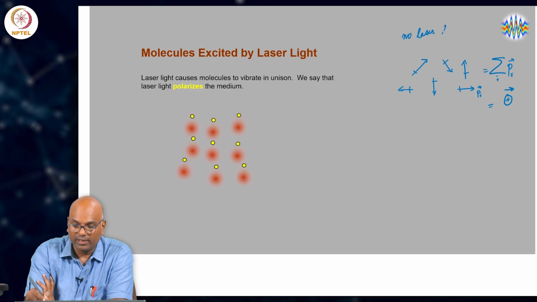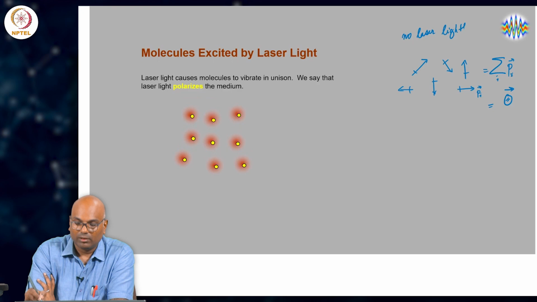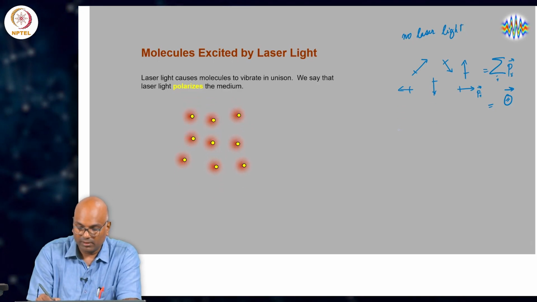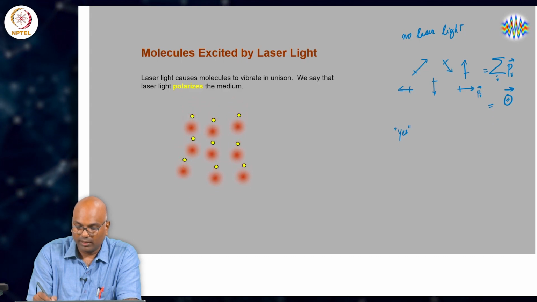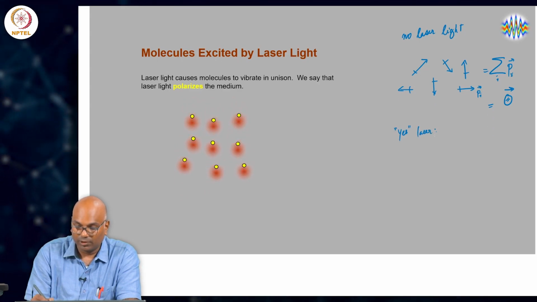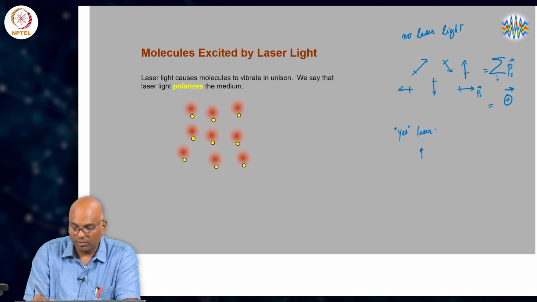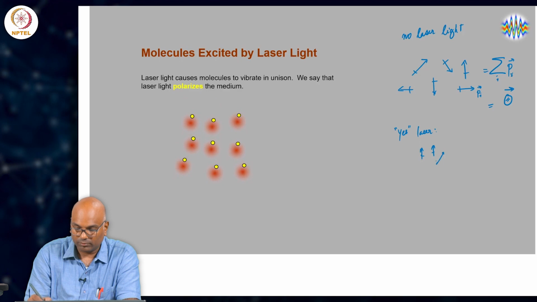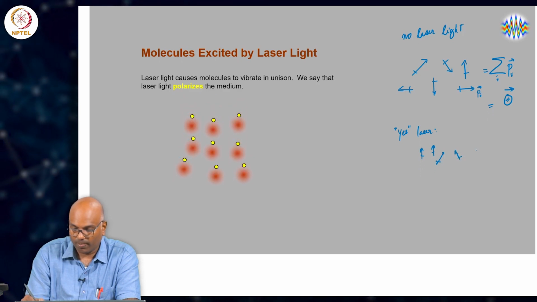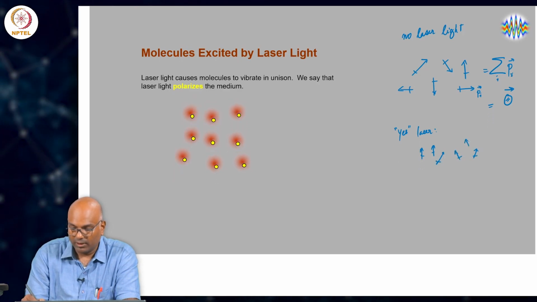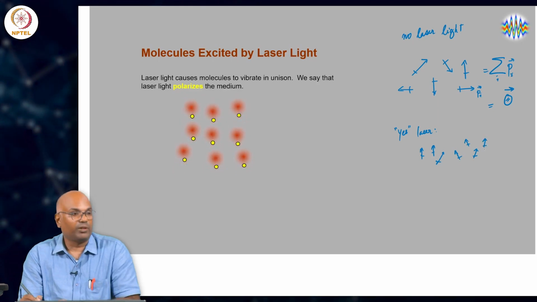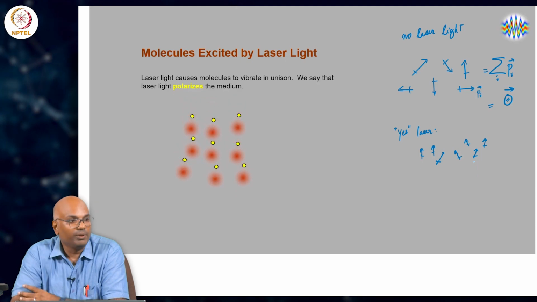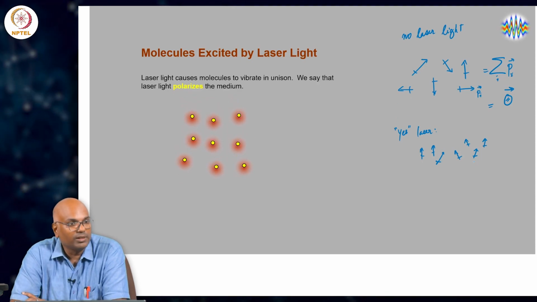That is, with no laser light, this is the scenario, whereas for the laser light we could have a fair degree of alignment. Not that we have perfect order and everything comes to nearly zero entropy for this system. No, not necessarily.